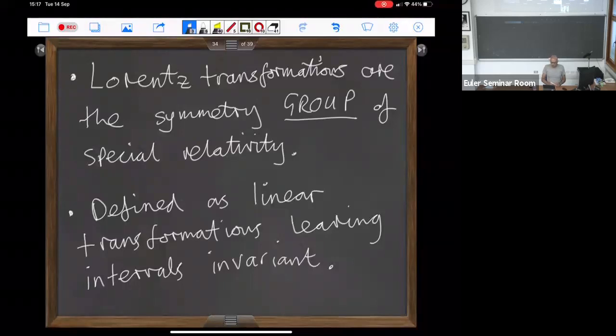I'm going to introduce some words here, which will come back later. One thing we say is that Lorentz transformations are the symmetry group of special relativity. So they form a mathematical object called a group, and groups play an important role in theoretical physics, especially in particle physics and general relativity. So we can define a Lorentz transformation as a linear transformation which leaves the intervals invariant.